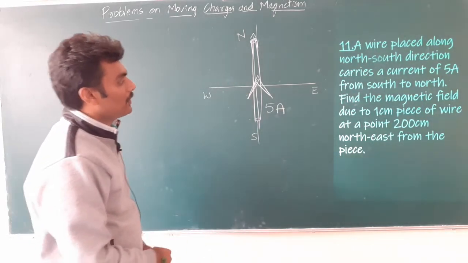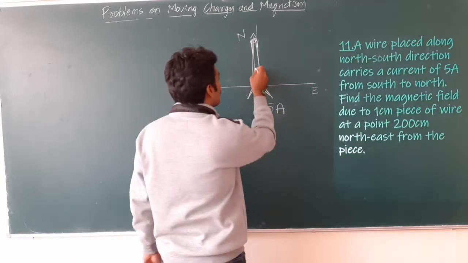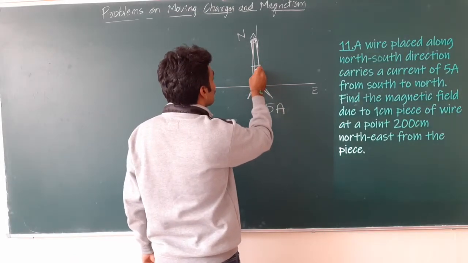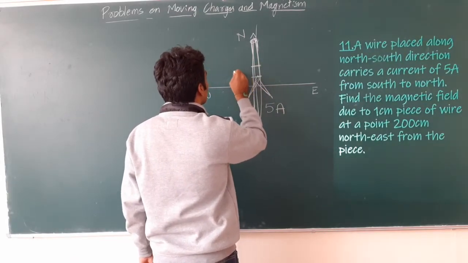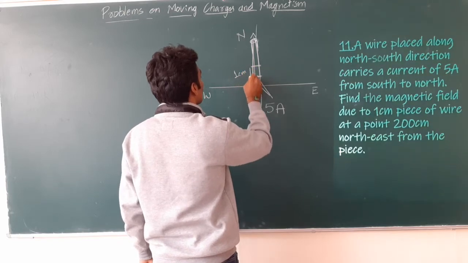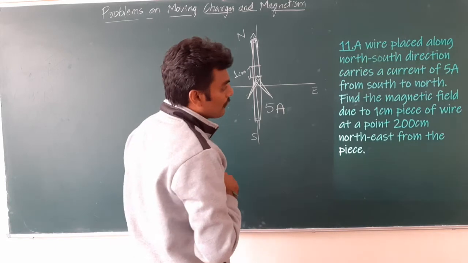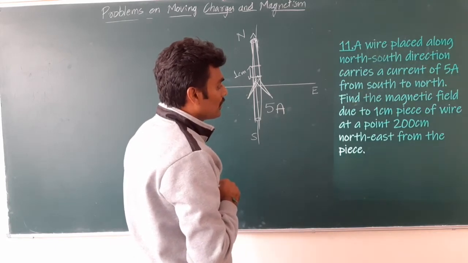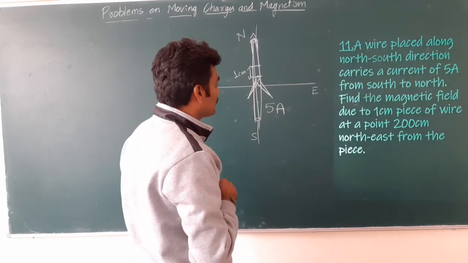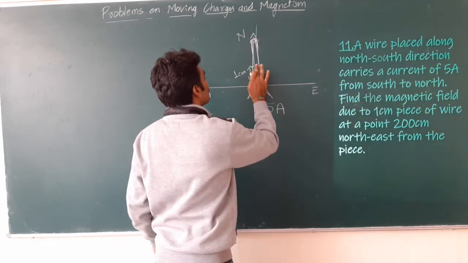Find the magnetic field due to a 1 centimeter piece of wire. Just a small piece of wire shall be considered of length 1 centimeter, and due to this wire, at a point 200 centimeter northeast from the piece. Let me consider the piece here.